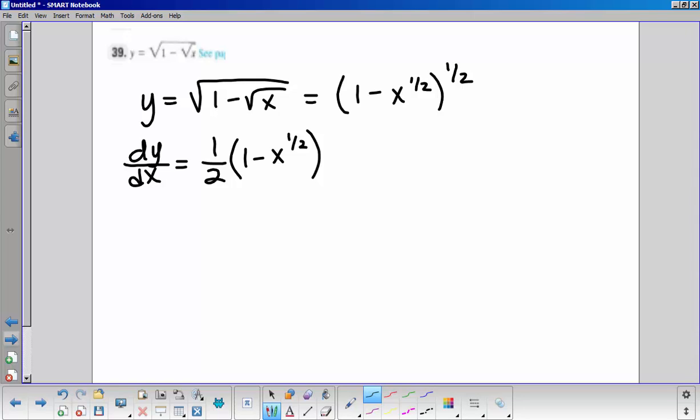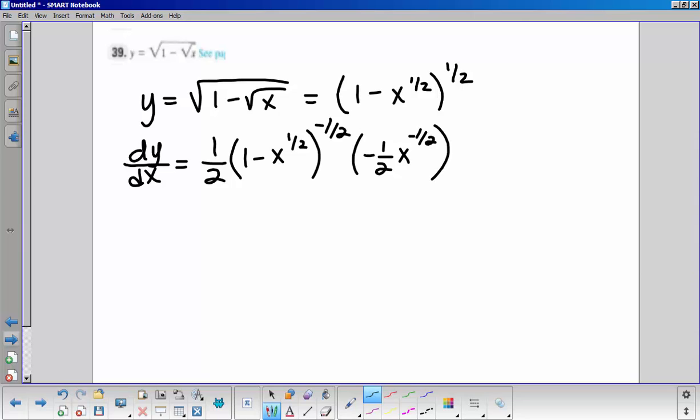Power down, subtract 1, so it's negative 1 half. Then you multiply by the derivative of the inside, which is 0 minus 1 half x to the minus 1 half.